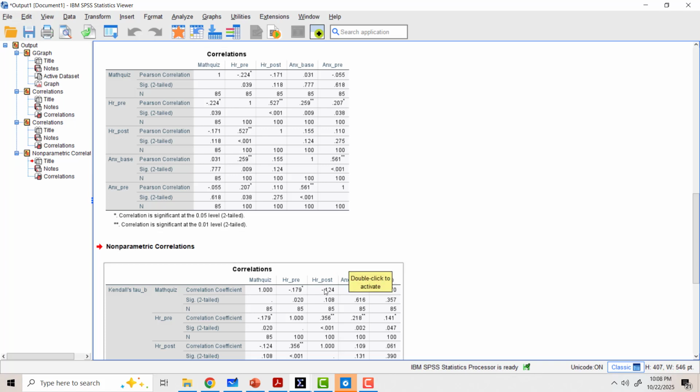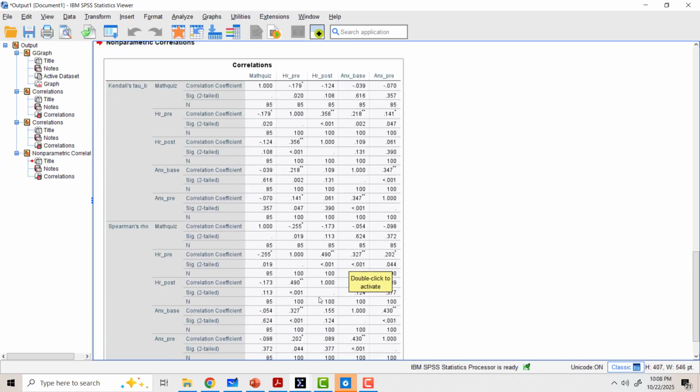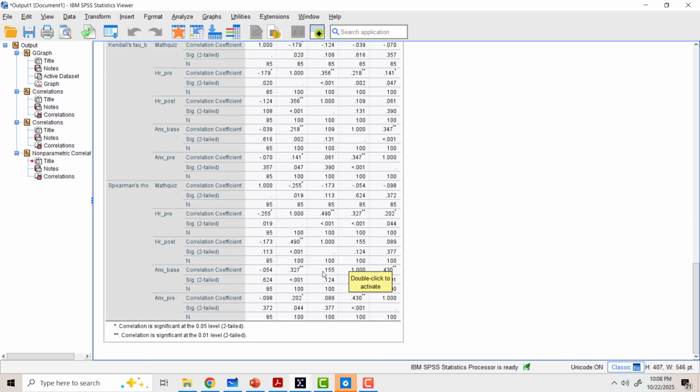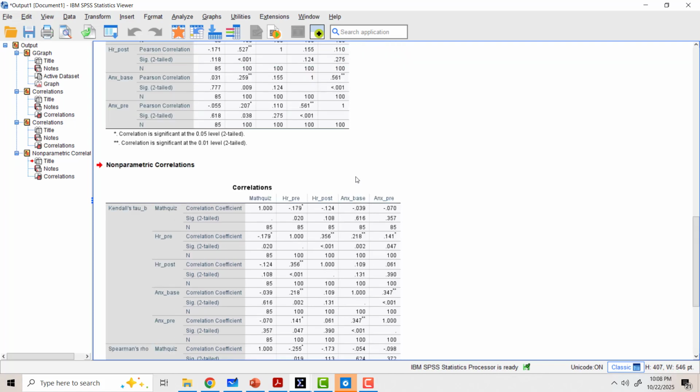And the heart rate pre and heart rate post, here again, the correlation's actually lower. We can't compare the significance, but they're both less than 0.01. And heart rate pre and heart rate post for Spearman's, it's a little higher than Kendall's, and again, very significant. Look at the two anxieties, 0.43, very significant, 0.347, very significant for Kendall's.